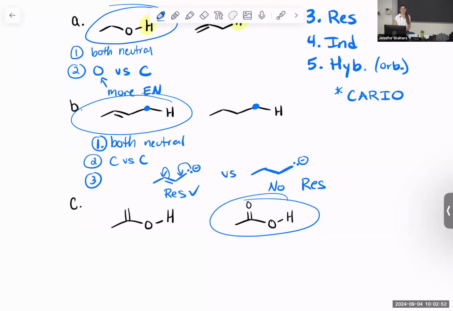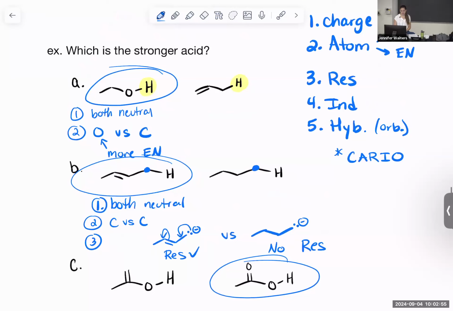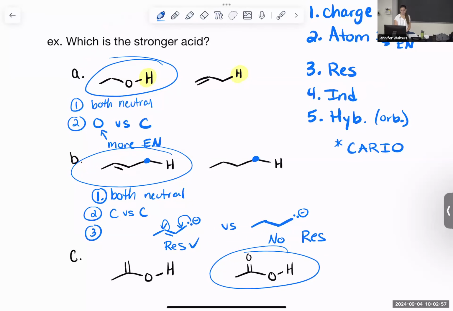Yeah. Oh yeah, sorry. Yeah. So it's not just the fact that there's the double bond, it's the fact that the double bond is right next door. If I had drawn this, these two are essentially the same pKa's. That's a bad arrow. We'll just do approximately equal to.